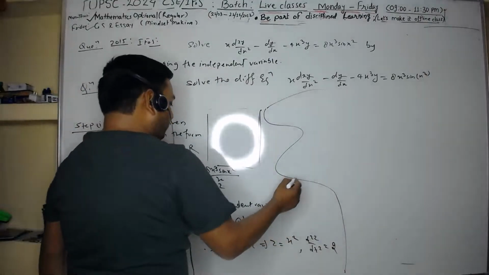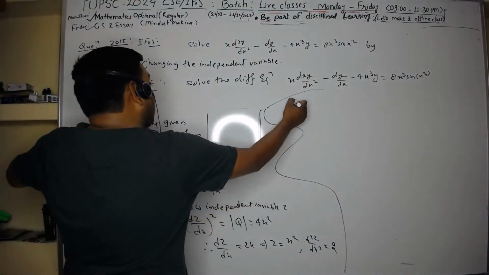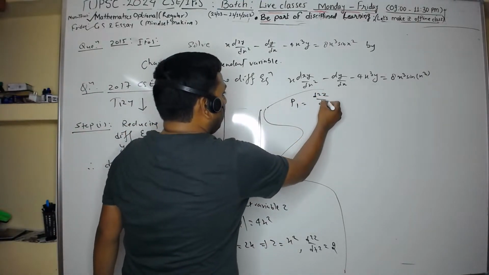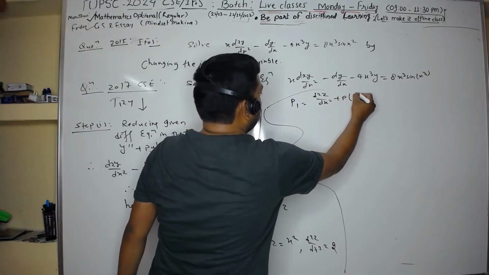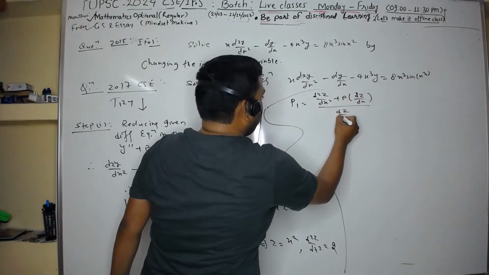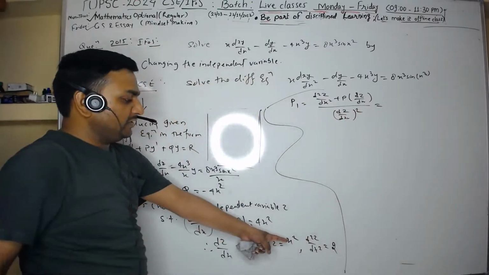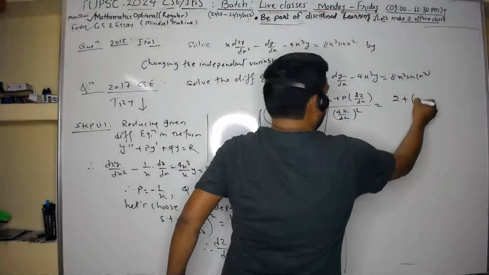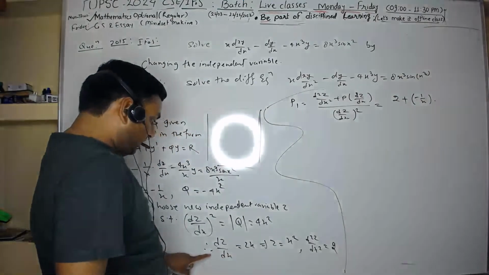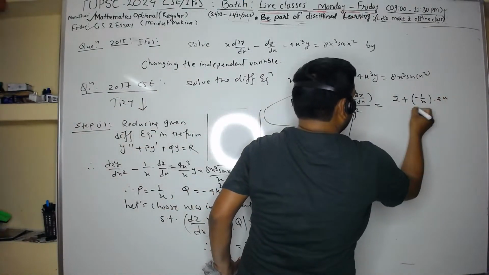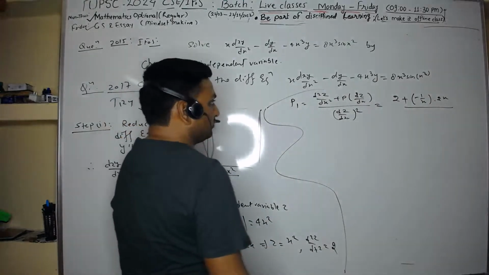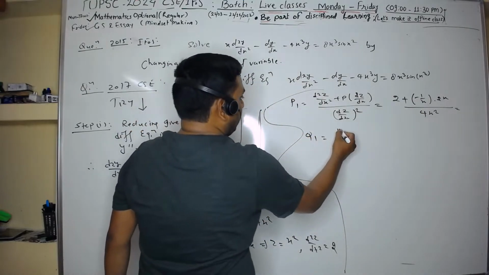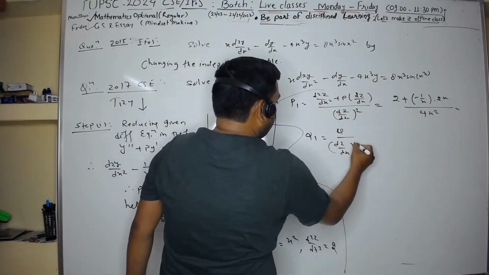What extra needs to be done? अभी क्या करेंगे? p1 equals d2z over dx square plus p into dz over dx, divided by (dz over dx) whole square. What is d2z over dx square? 2, plus what is p का value, my dear? Minus 1 upon x. What is dz upon dx? 2x, divided by (dz upon dx) whole square, 4x square. Please tell me what is that value. Similarly, we can find q upon (dz over dx) whole square.